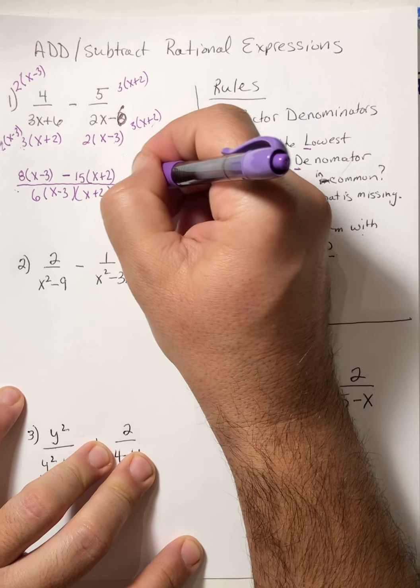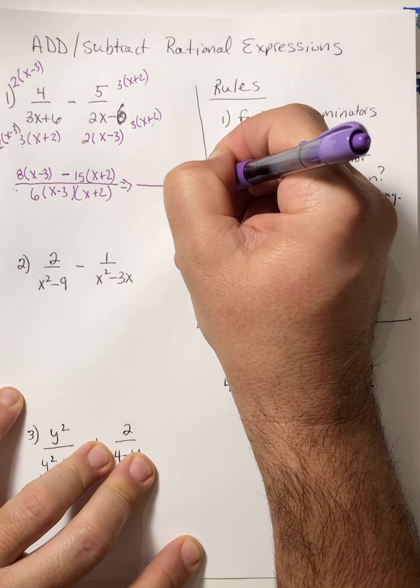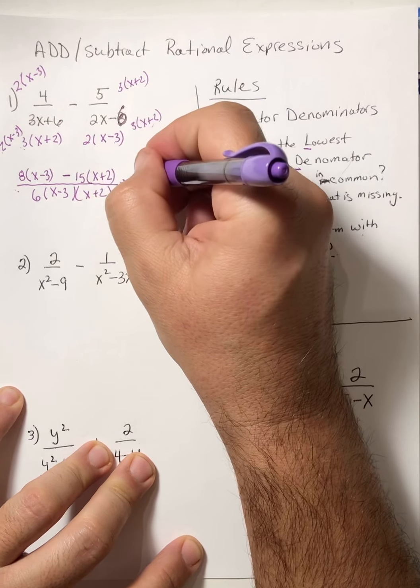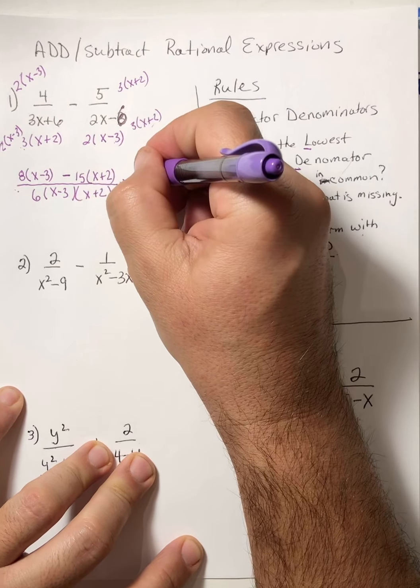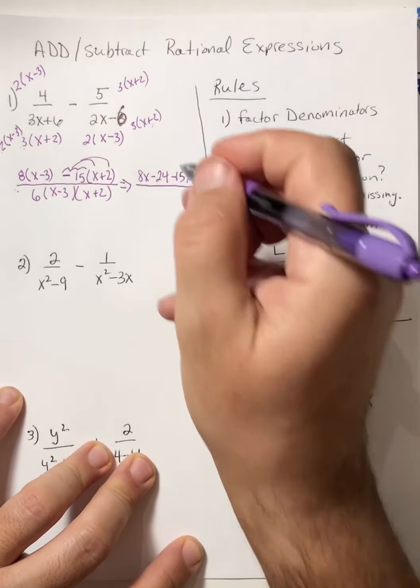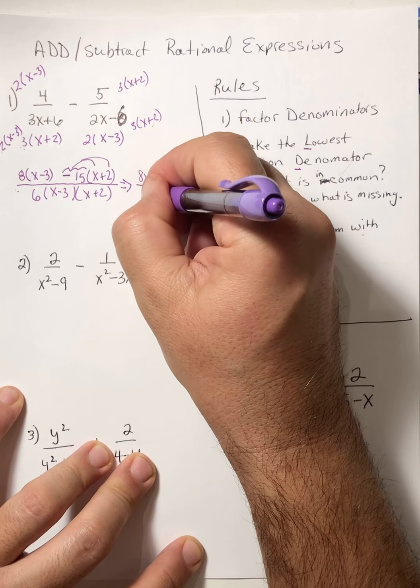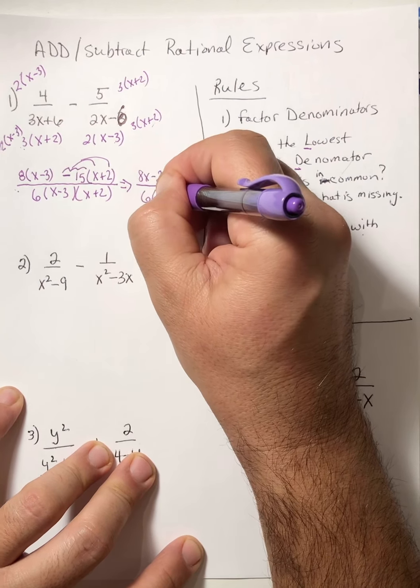So on top I have 8x minus 24 minus 15x minus 30. So I distribute the negative 15. Okay, the denominator stays the same. We don't do anything with it.